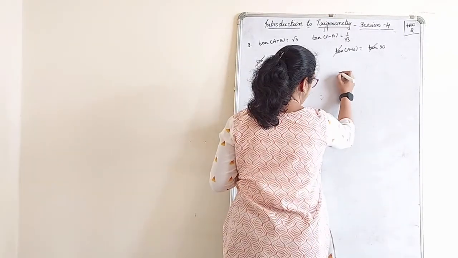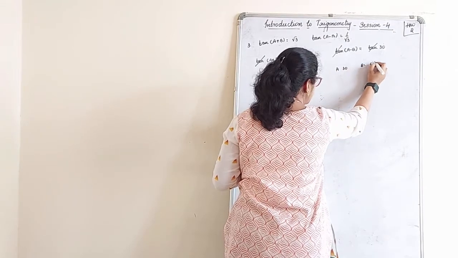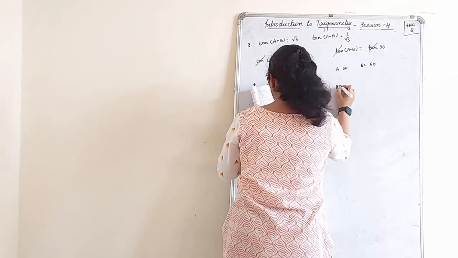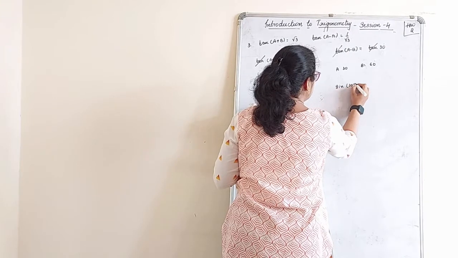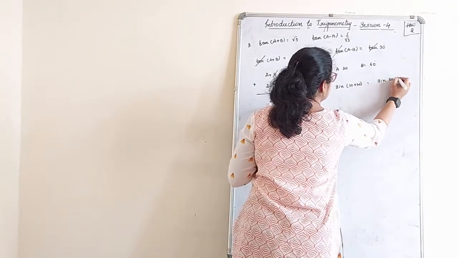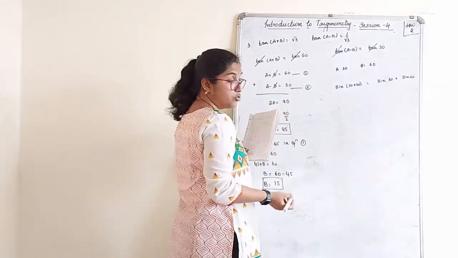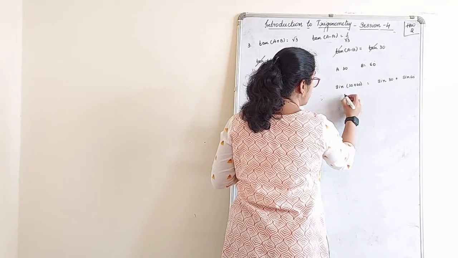For example, if for A, I give 30 degree and for B, I take 60 degree. According to them, sin A plus B, that is sin 30 plus 60, is equal to sin 30 plus sin 60. According to them, is it true? 30 plus 60 is what? Sin 90.